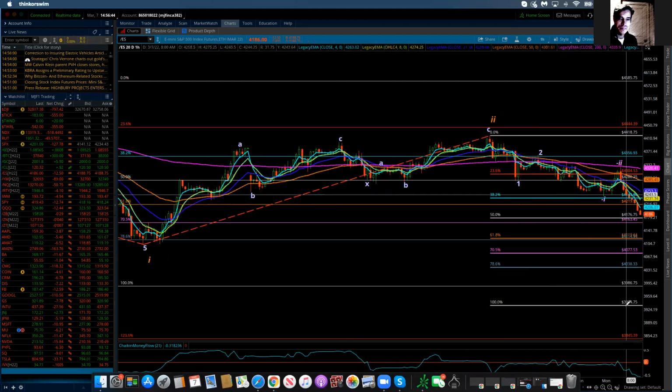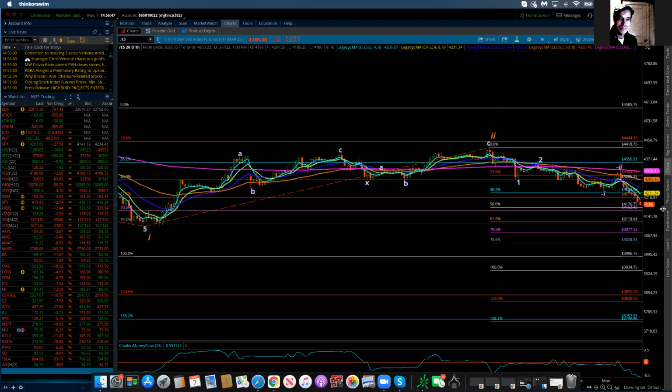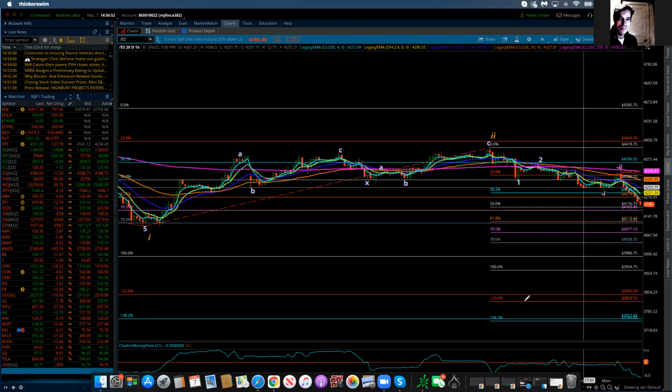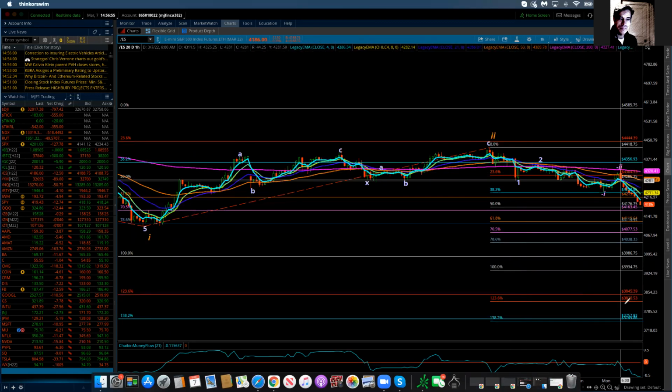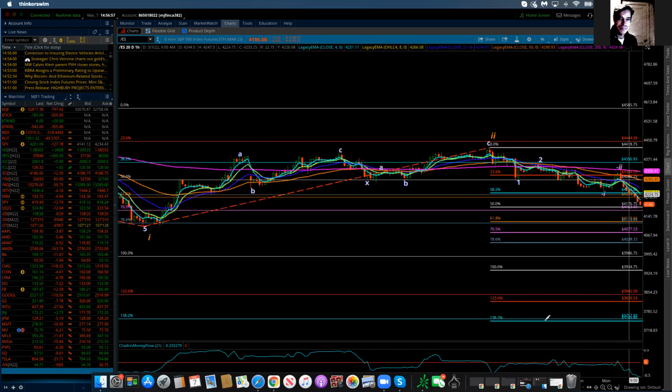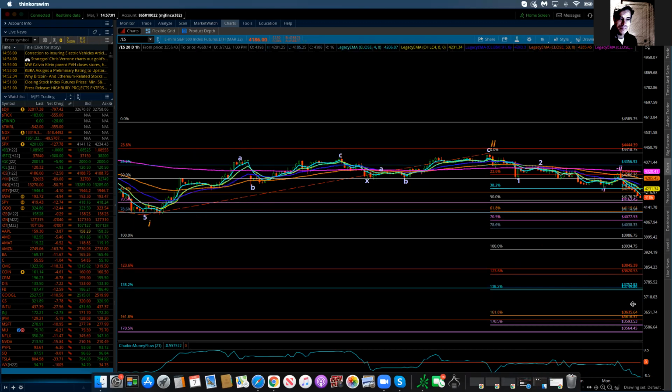Well, I prefer not to just stop there. I would like to see a little bit more, which would make minor 3 the longest wave to kick off the next decline. So here we have further support coming down at 38.20, and then we have additional 37.50, and then we have that 1.618 level.